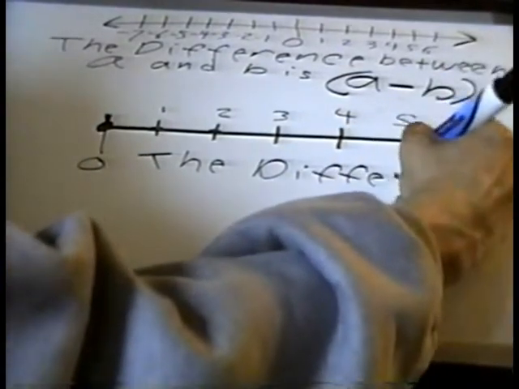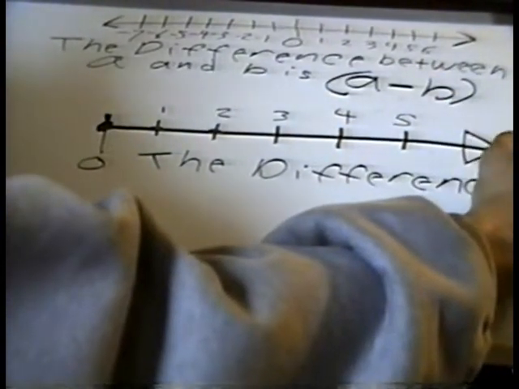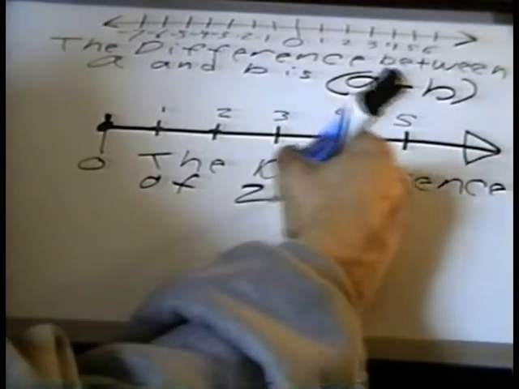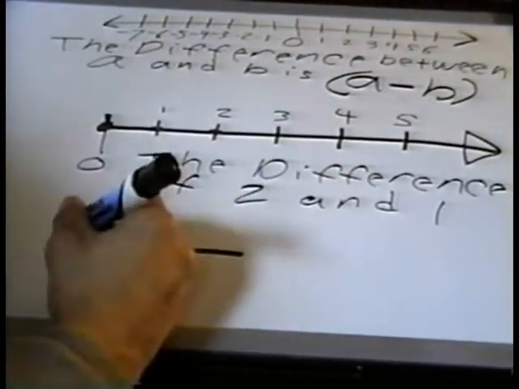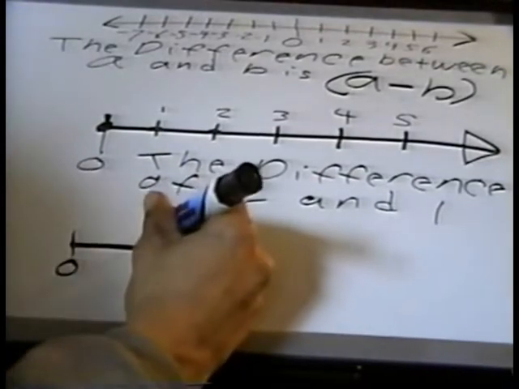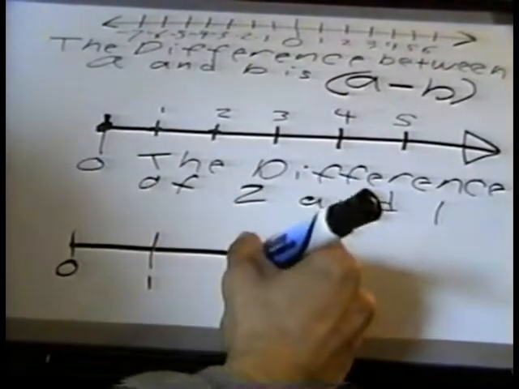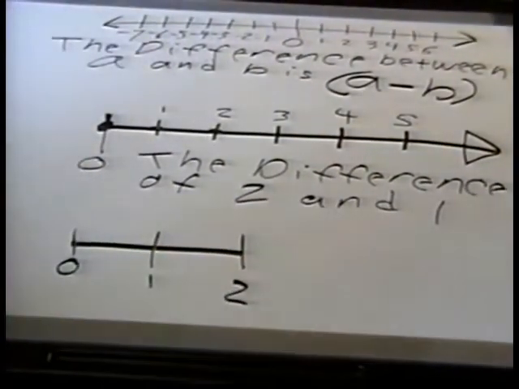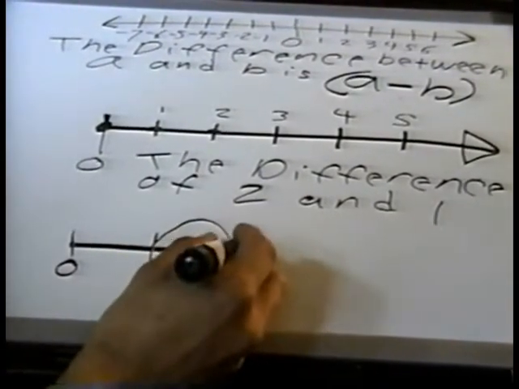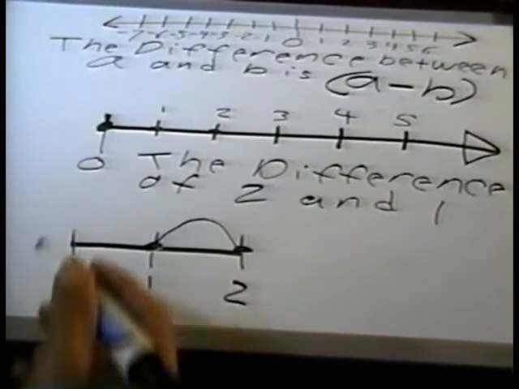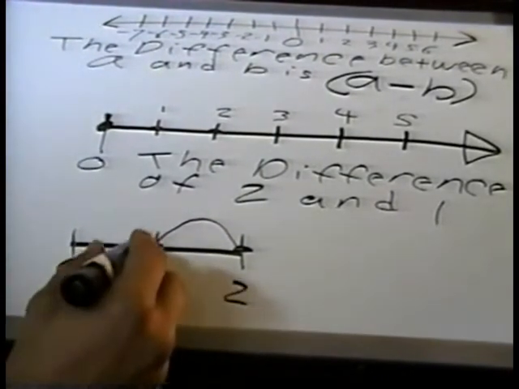Now if we add these two together, if we count the total space, we have 1 unit space, 2 unit spaces, and 3 unit spaces. So bringing those together, it's like so.